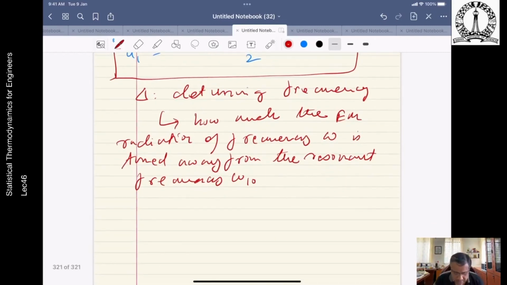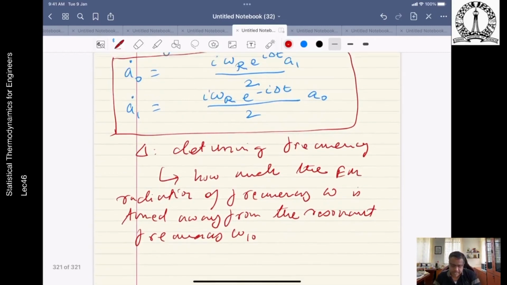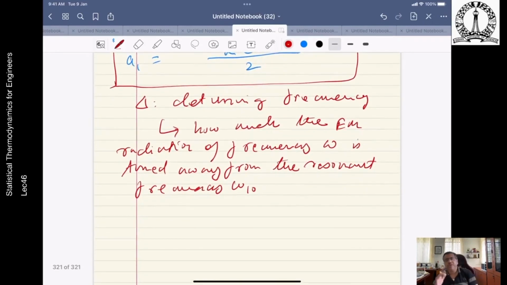So this is called the detuning frequency. You also realize why the non-resonant higher frequency terms can be neglected: they essentially average out to 0 because they are very rapid in nature.